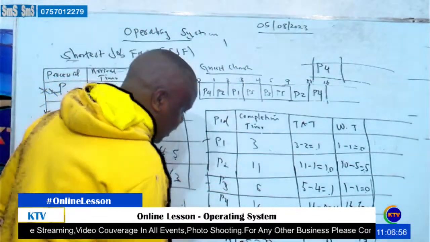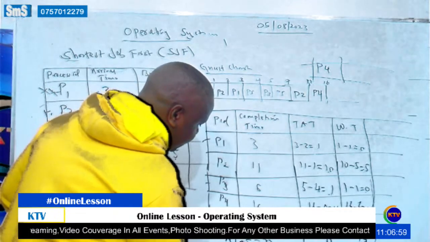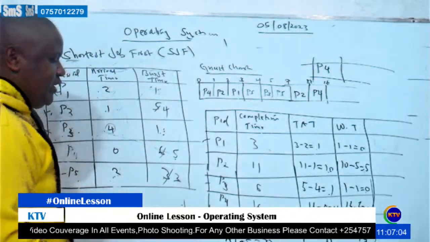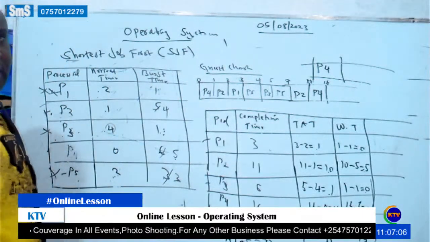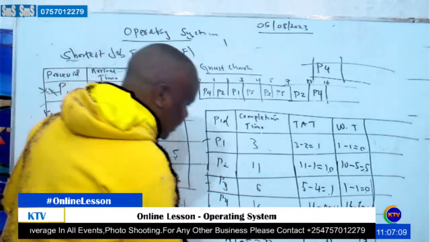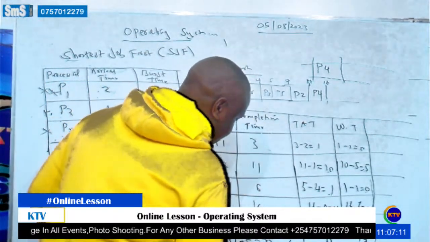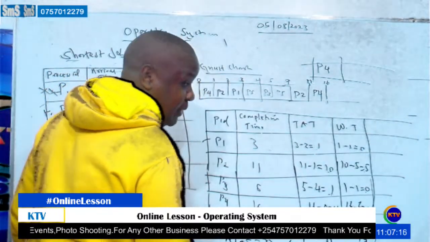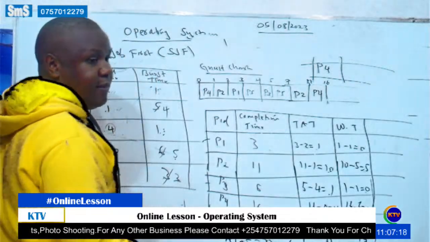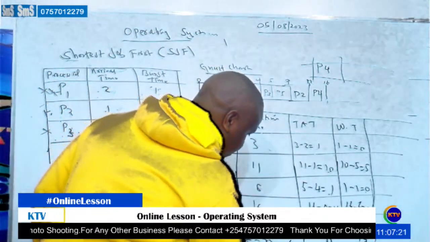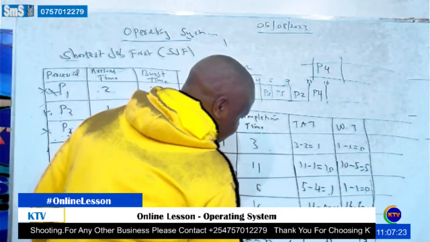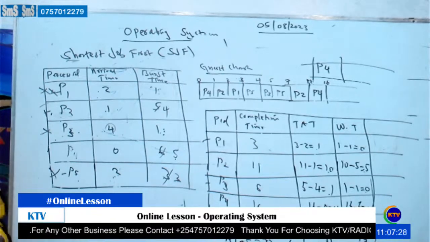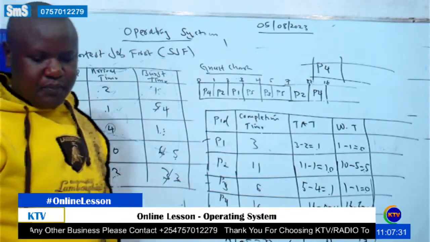And the average waiting time equals 17 divided by 5, which is 3.4. So this is how you calculate the average turnaround time and the average waiting time.